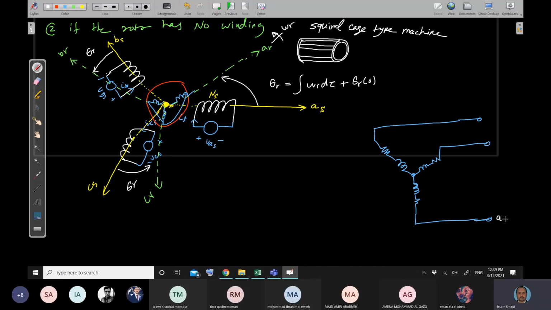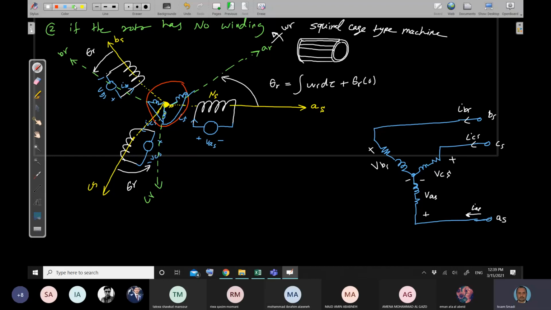So let's assume that this is the terminal of AS, and here IAS will flow. So this will be plus minus VAS. Let's assume this is the BS. So here IBS, and the voltage from here to here is VBS. Now this one is CS, a current here is ICS, and the voltage here will be VCS.